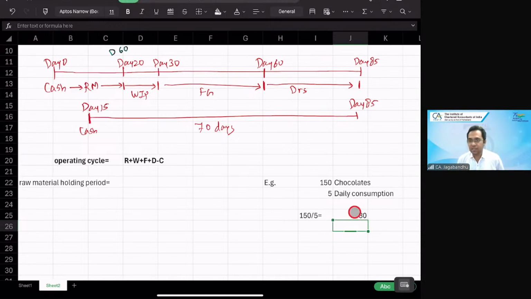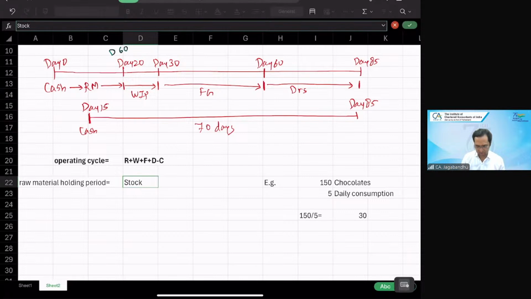Now, how did you get this 30 days? You get it simply by dividing this 150 by 5. What was this 150? This 150 was basically the stock of raw material. So raw material holding period is also going to be computed in a similar way.